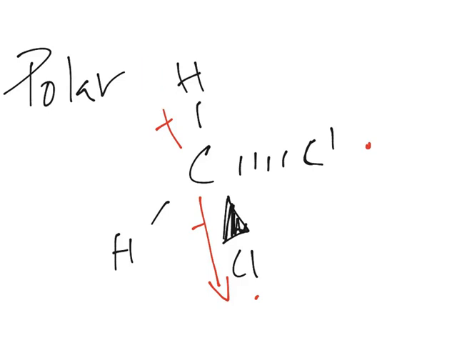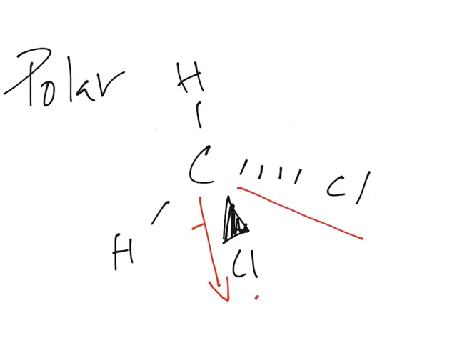So what happens in this case, I should have drawn this a little bit more, like that, is that you can actually have a net dipole, like an arrow coming like this when you combine both of them. So they're kind of pointing toward the same end if you divide it into quadrants.